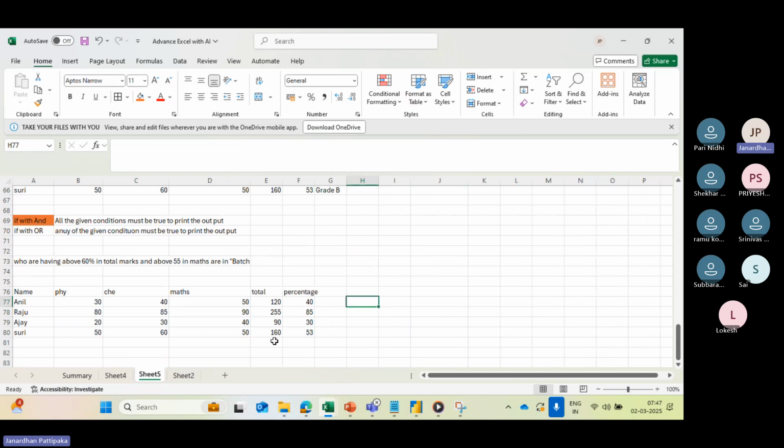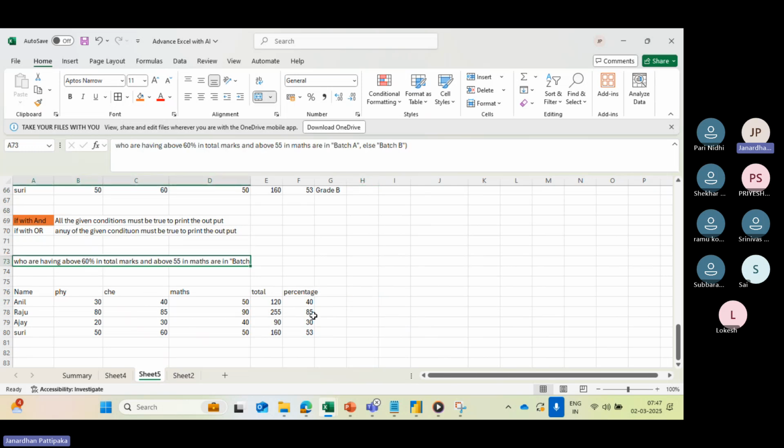This is the total marks. This is the percentage. The person who has the total percentage above 60 and the marks in maths above 55, if these two conditions are satisfied, I will keep that person in batch A. Otherwise, I will keep that person in batch B. If the percentage is 60% total marks and maths is 55%, I need to keep them in batch A. Otherwise, I need to keep them in batch B.